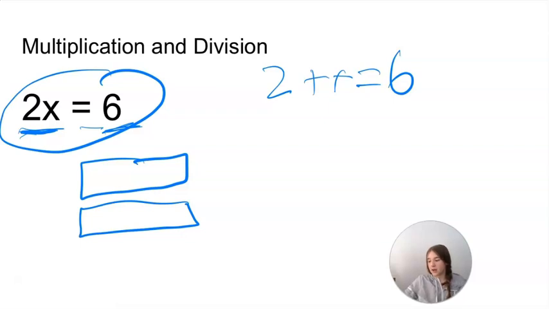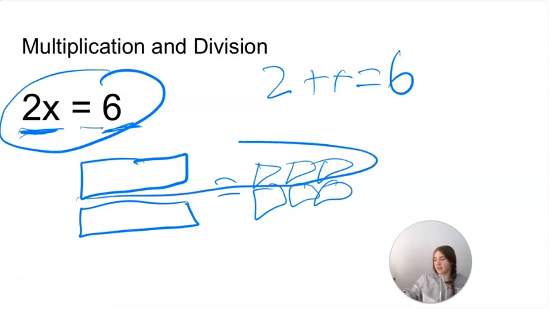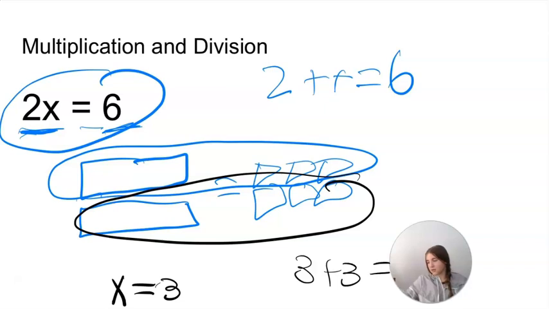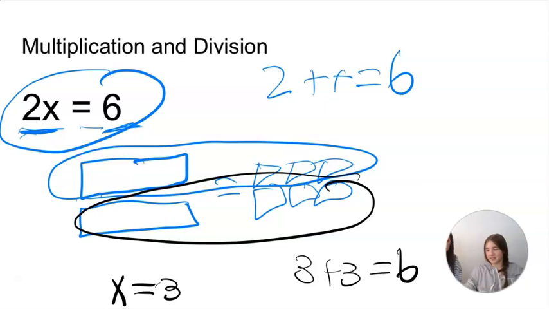So we have the 2x equals, 1, 2, 5, 6. There's 2 other boxes, so we can go like this and this, and that would equal x equals 3, and we could do 3 plus 3 equals 6 to prove it. You could prove it by plugging in the x right there.